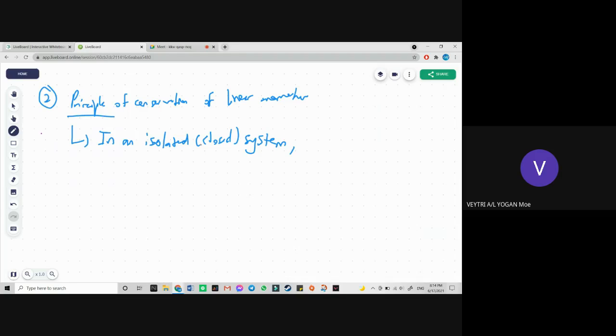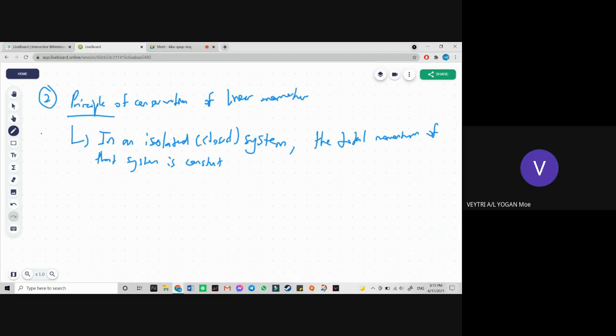In an isolated system, the total momentum of that system is constant. Okay. Before we move on to the explanation of this particular concept, let me just reiterate over here. Principle of conservation of linear momentum states that in an isolated system, the total momentum of that system is constant.